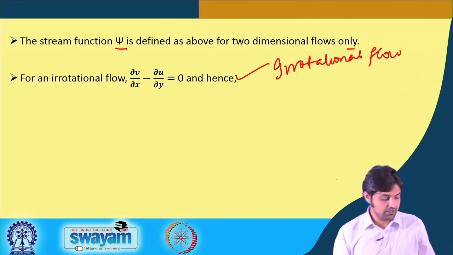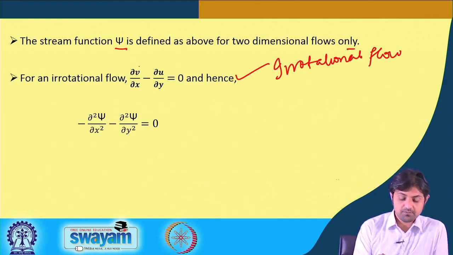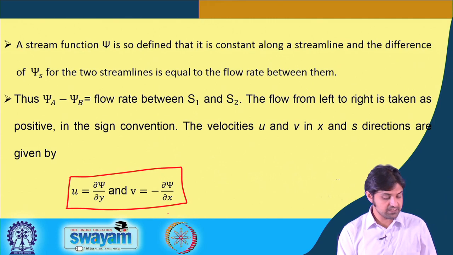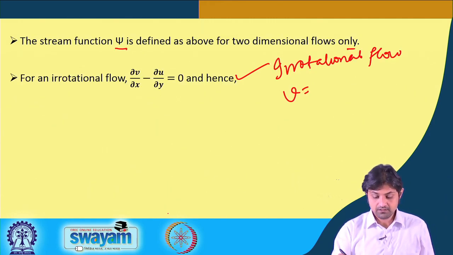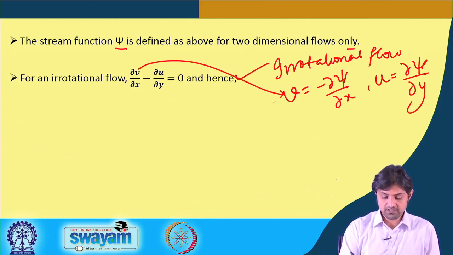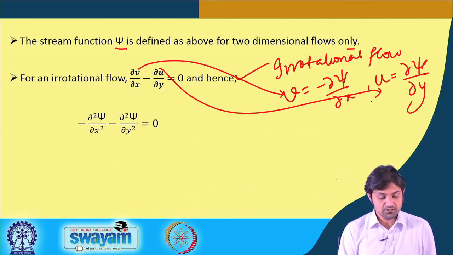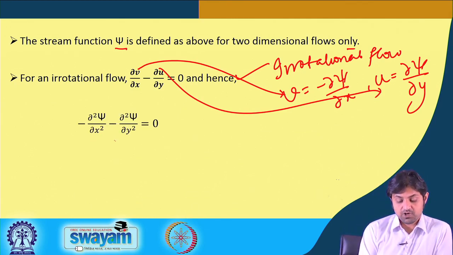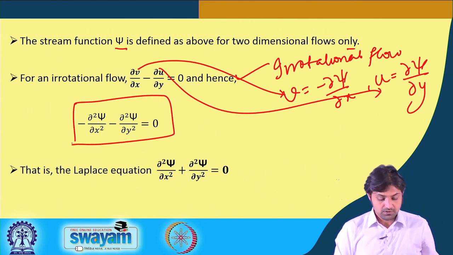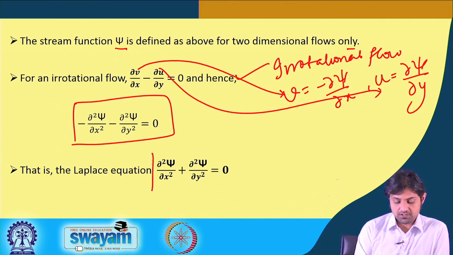Therefore, if we substitute v, which as you go back and see was minus del psi by del x, and u, which was del psi by del y, we are going to get minus del square psi by del x square minus del square psi by del y square is equal to 0, and this is the Laplace equation.